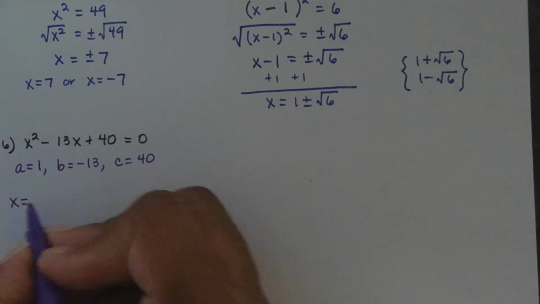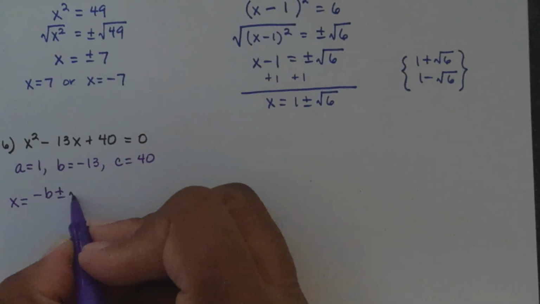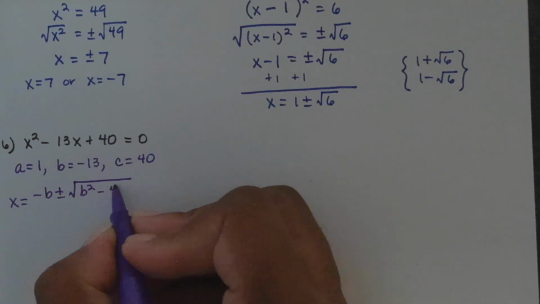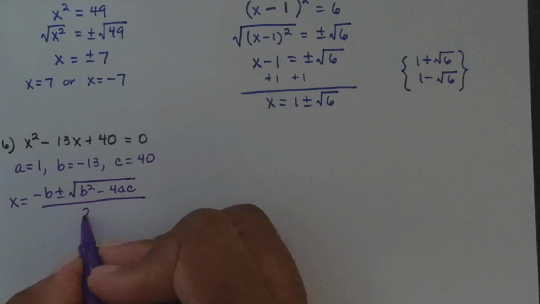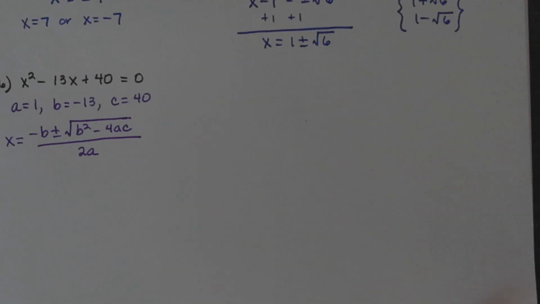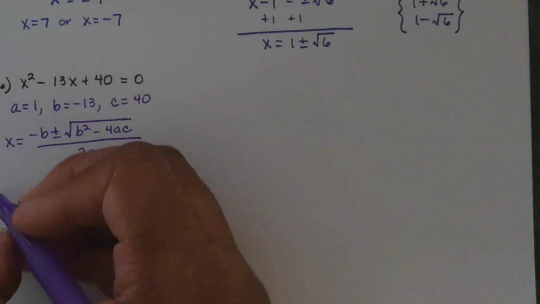And our quadratic formula, it's best to write this down: x equals negative b plus or minus the square root of b squared minus 4ac, all divided by 2a. Include that in your one-page sheet of notes. Now let's do our substitution here.